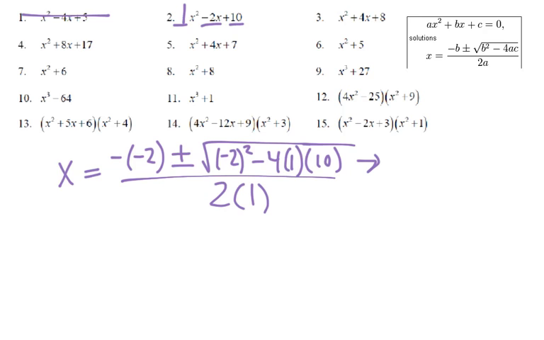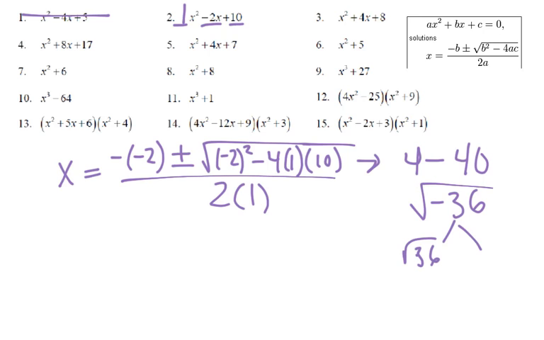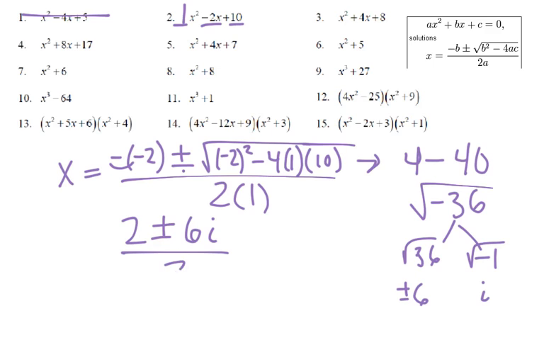So simplify the radical first. Negative 2 squared is 4, minus 4 times 10 is 40. So we'd have negative 36, which would simplify to the square root of 36, which is 6, times the square root of negative 1, which is i, so 6i. So that plus or minus takes care of the plus or minus of this 6. Okay? So negative negative would make that a positive, plus or minus 6i over 2.